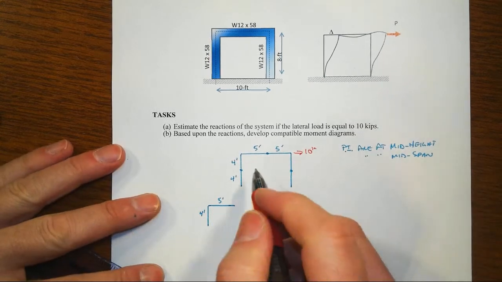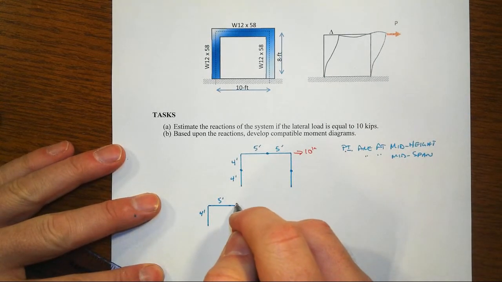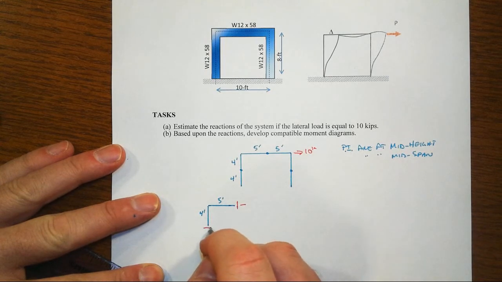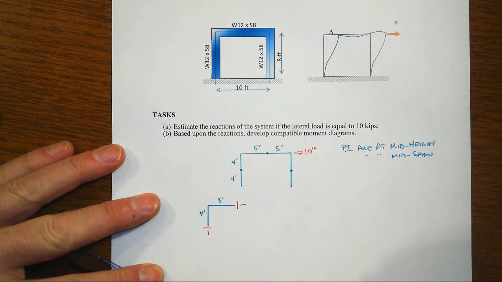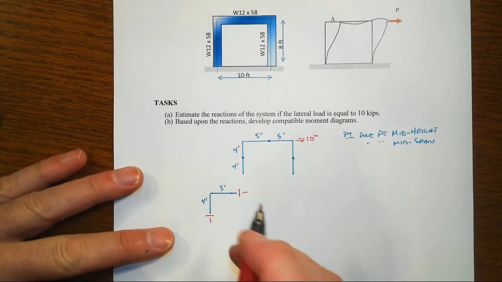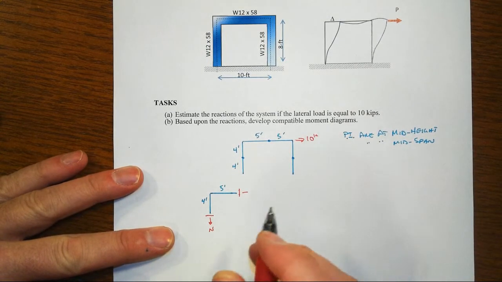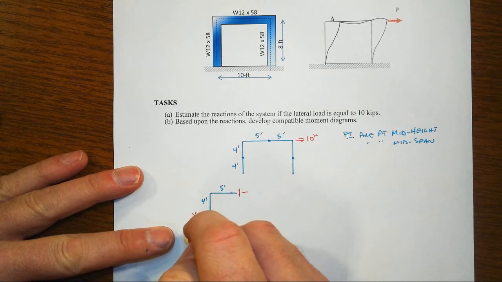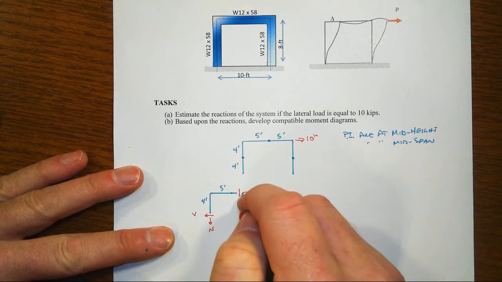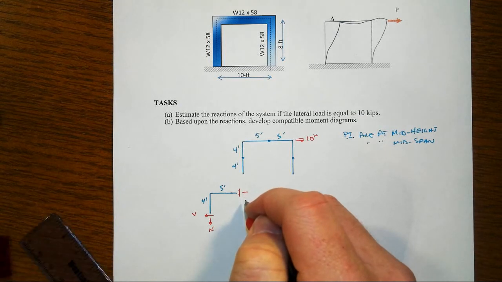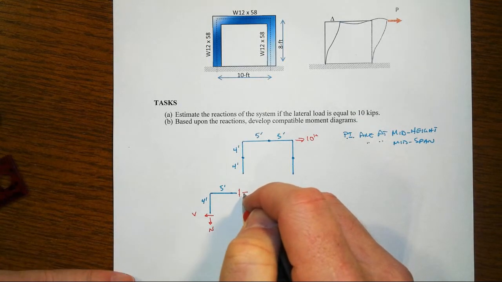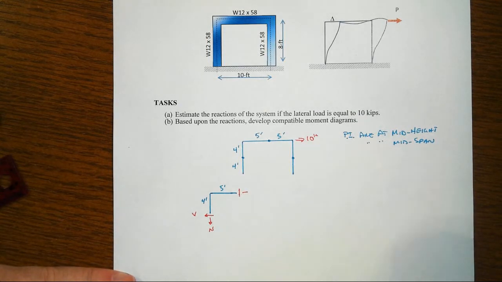Since we've guessed where the inflection points are, those are the locations of zero moment, so all we have then are shear forces and axial forces in the members to draw in that free body diagram. Right? And so on the left, there's our axial force in the column, there's our shear force in the beam, and then we have a corresponding set of shear forces and axial forces in the beam.